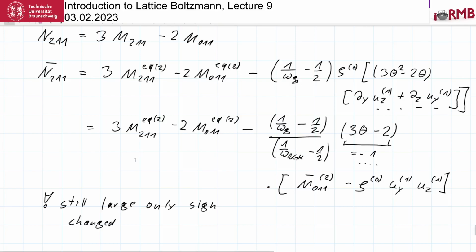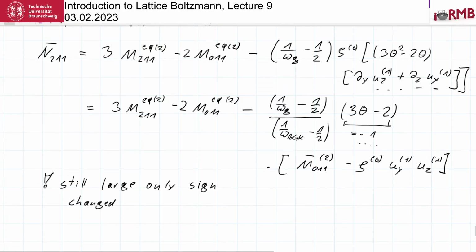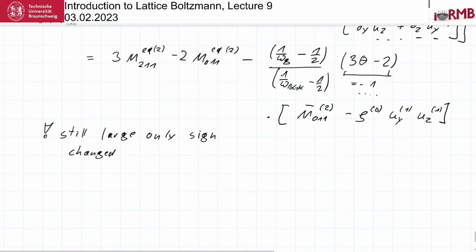Okay, now I'm torturing you with the truth. So this is actually getting worse. We have a big ghost that was positive. Now we get a big ghost that is negative. Okay, a few more lines.